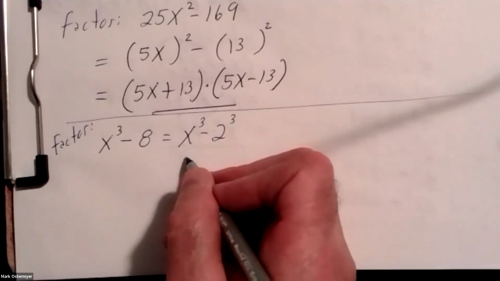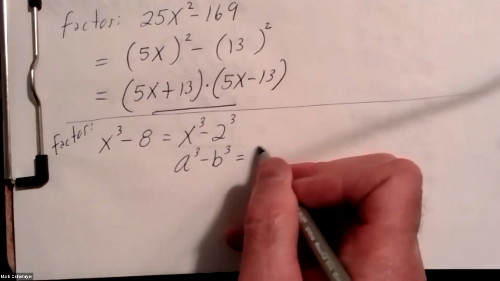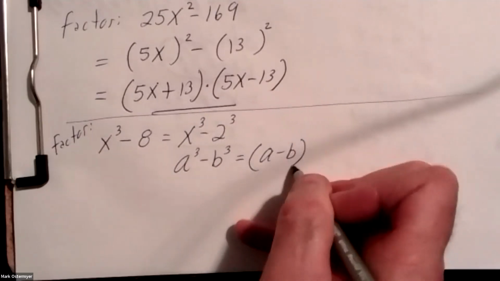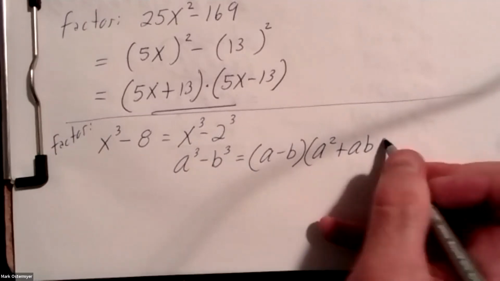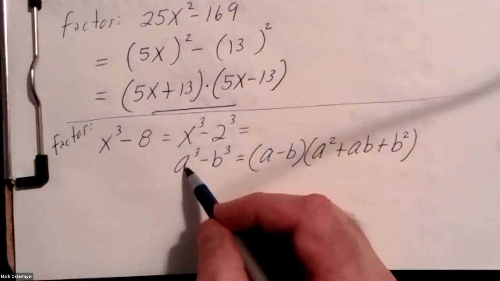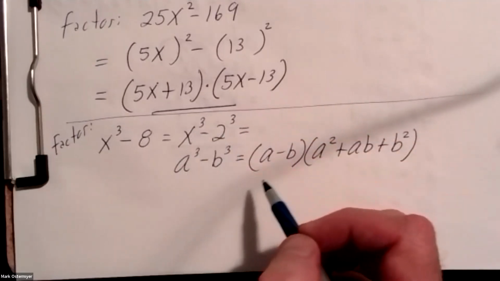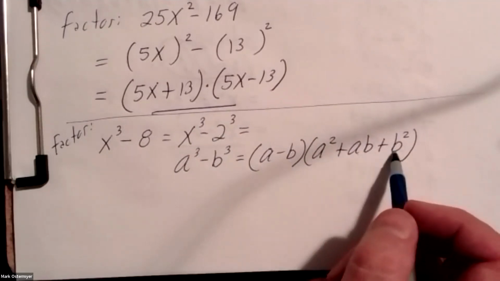So you can see that we do have the difference between two cubes. In general, how do we factor the difference of cubes? Well, on the previous page, I indicated that the factorization of two cubes factors this way. Where our A is really an X and our B is a 2. So wherever we see an A, we drop in an X. Wherever we see a B, we drop in a 2.